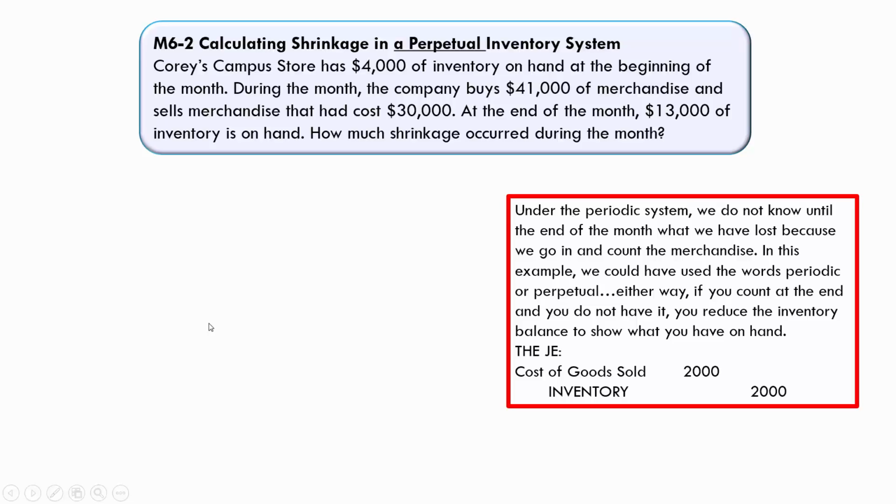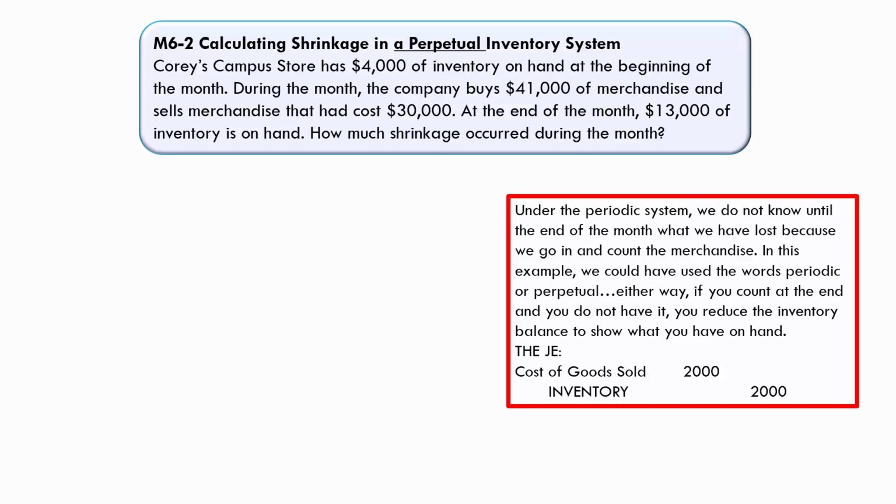This campus store has a beginning inventory of $4,000 and then they buy $41,000. So I'd say, well, what is goods available? Goods available is always beginning plus purchases. So the 4 plus the 41 is 45,000 for goods available.